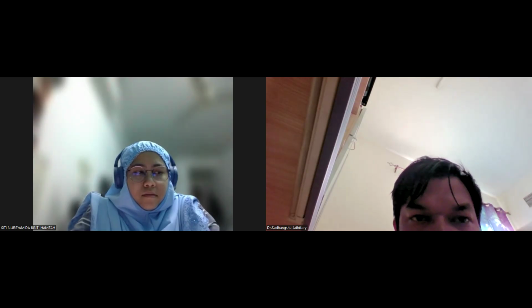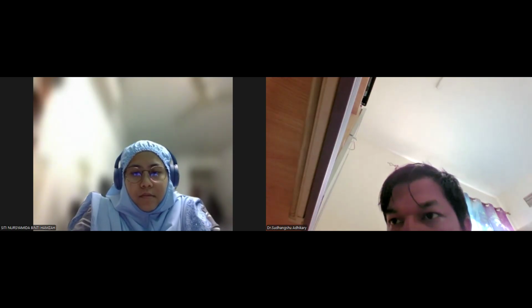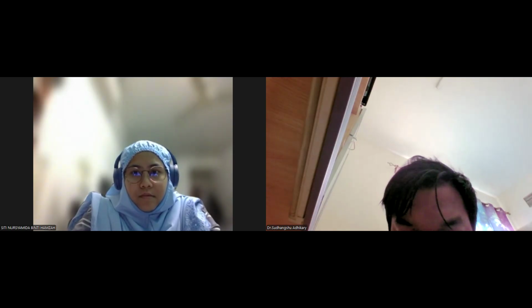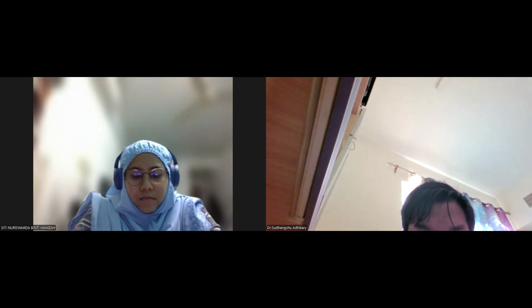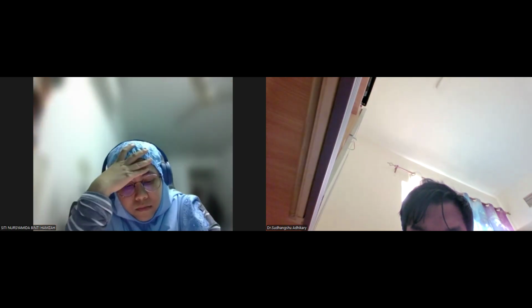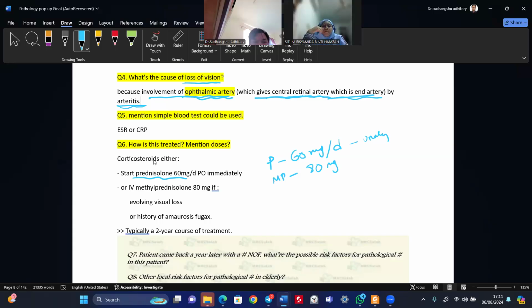So mention the simple blood test we can do: that is ESR and CRP. How is temporal arteritis treated? Mainly by corticosteroid.